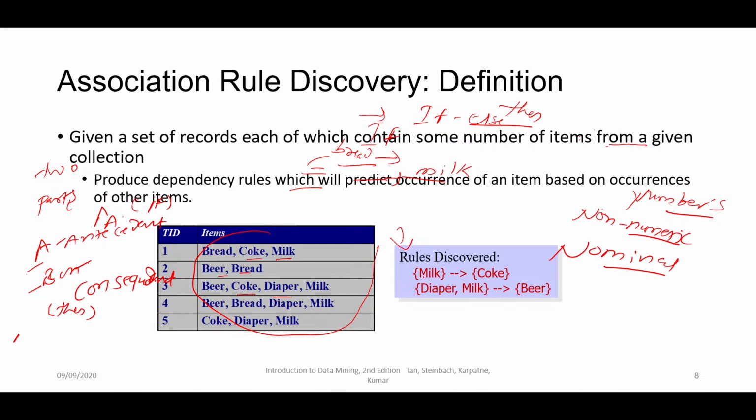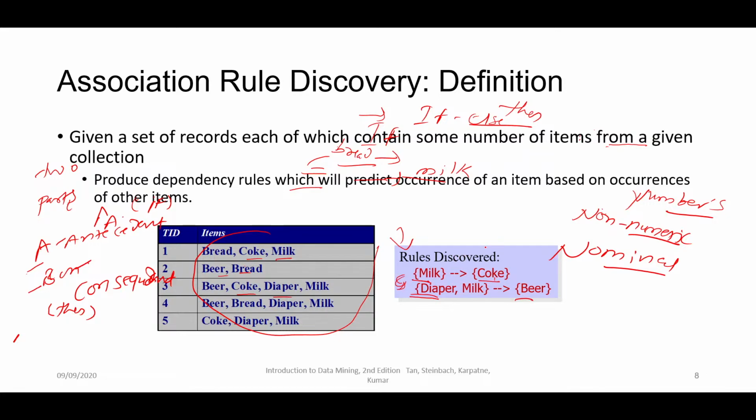You can see here milk and coke. There is no relation, right? But someone is trying to buy milk. That means in that case, the person who is trying to buy milk might have some children, so he will also purchase diapers, or he will also purchase coke or beer as well.